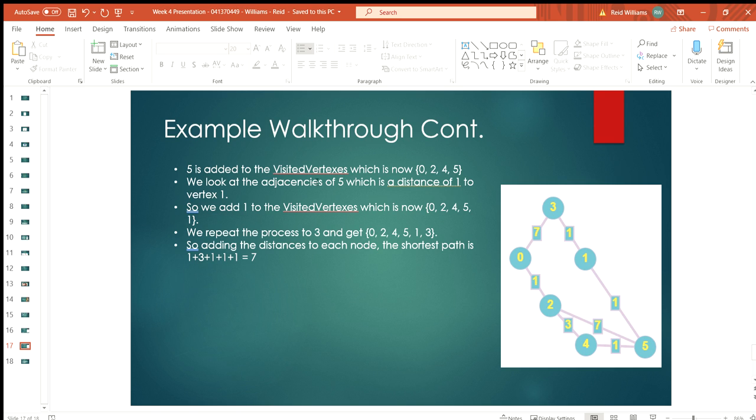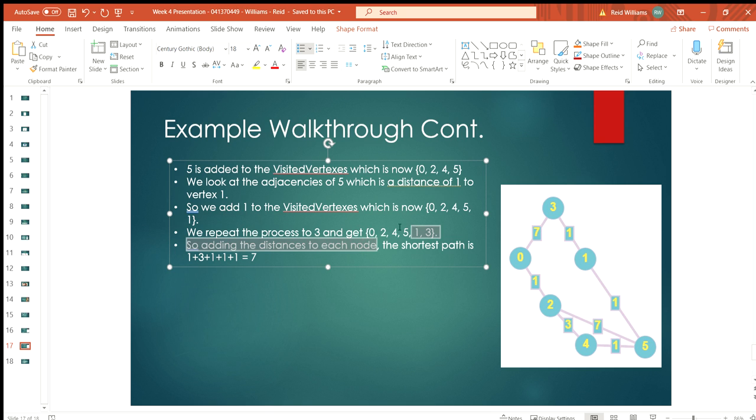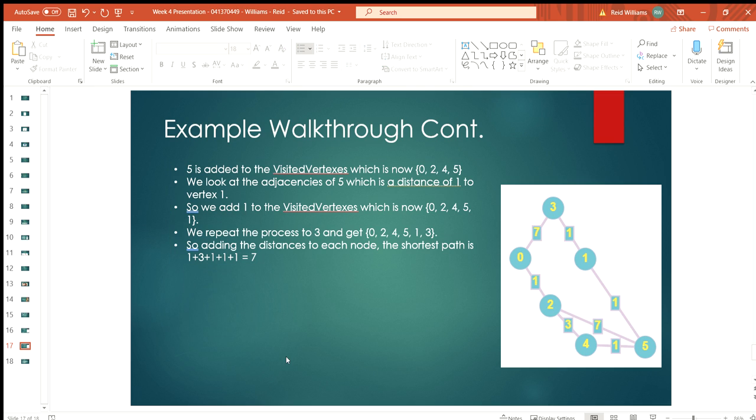And that's from 0 to all of the other nodes. The shortest distance is this path, and the shortest sequence is this here, and the shortest path is this distance here. So hopefully that makes sense and clarifies things.